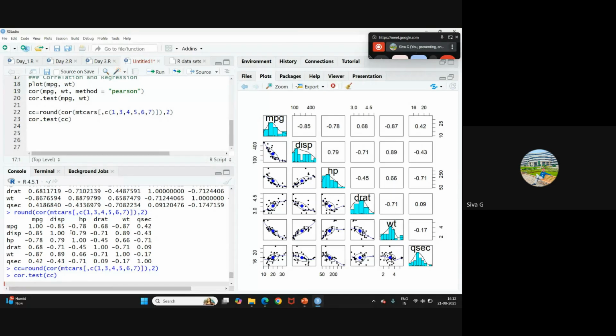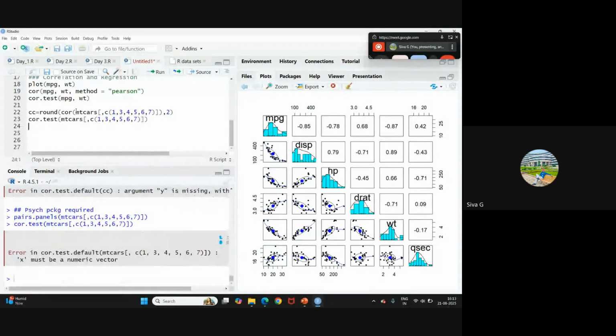But here I got a correlation matrix at the same time, and now I want to test the entire matrix, whether each correlation is significant or not, one by one. So for that, cor.test is asking only one thing. Let's go with the data. S must be numeric. Wrong code we are doing. This is not the way of testing all the correlations.